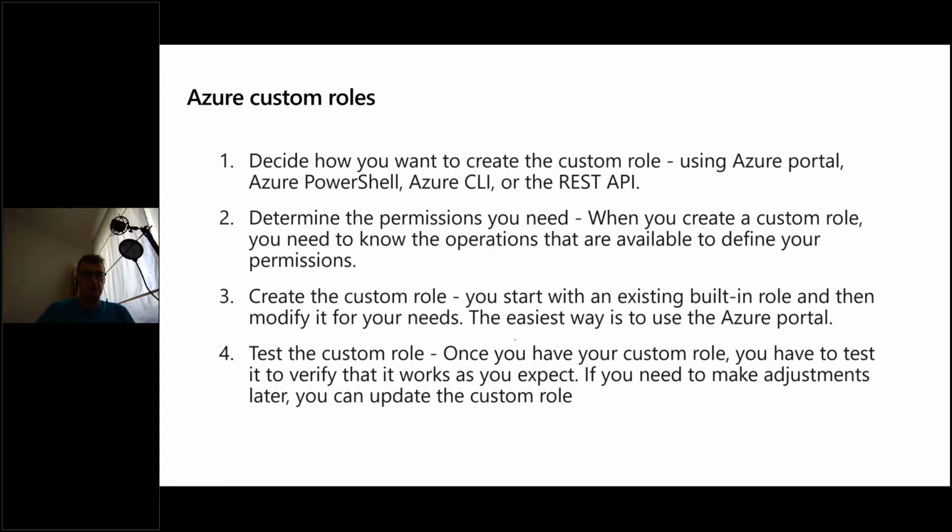Determining the permissions you need actually consists of two things. First, determining what permissions are available for the specific resource provider. If it's a virtual machine or storage, let's see what all a person can do on that resource. That's the first thing, or 2.1.